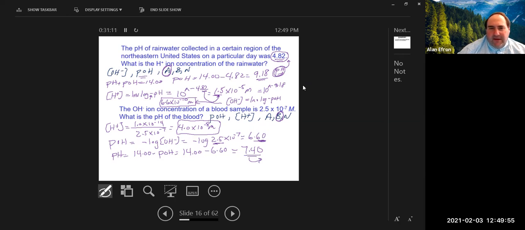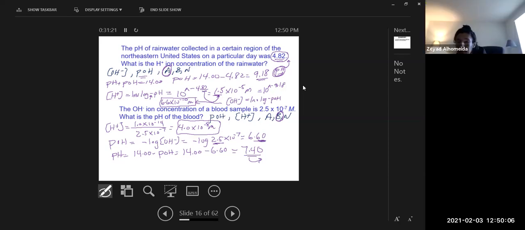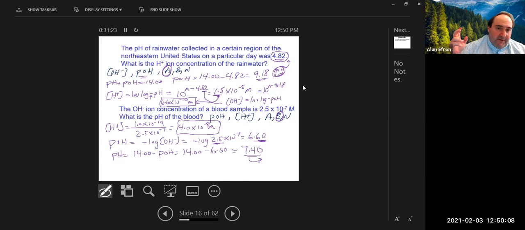I've seen it in a lot of textbook back-of-the-chapter type problems. It sometimes pops up and throws people for a loop, because they think 1 times 10 to the minus 14 is always the number to use. Like I said, 99.9% of the time it is, but there is that little chance that if the temperature changes, because it technically is a K value, it can change as well.